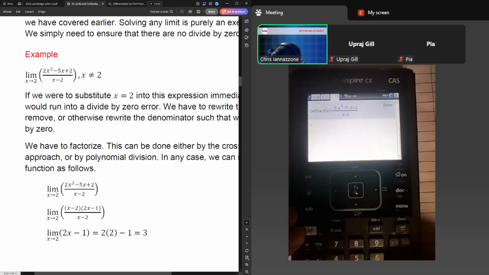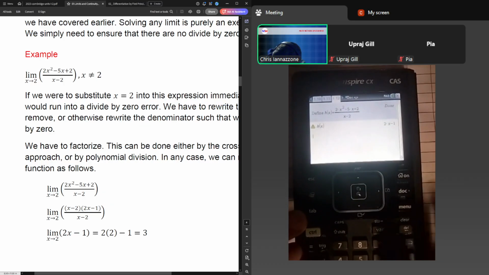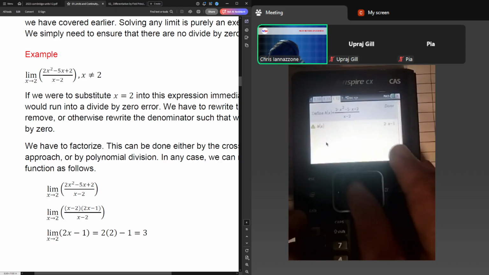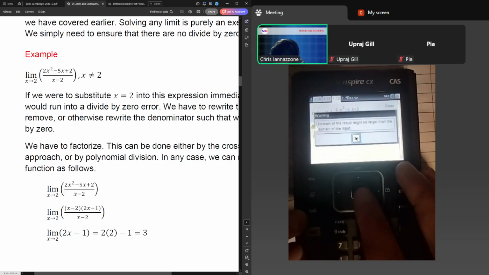Now with any luck, that wouldn't have simplified, but it kind of did. It's giving me a little warning sign here, and I'm pretty sure I know what that's going to say. Yeah, domain of the result might be larger than domain of the input.